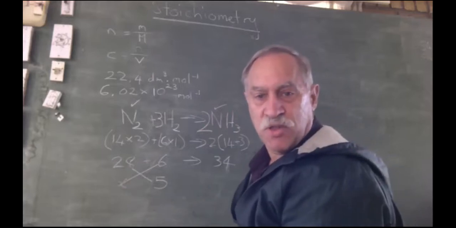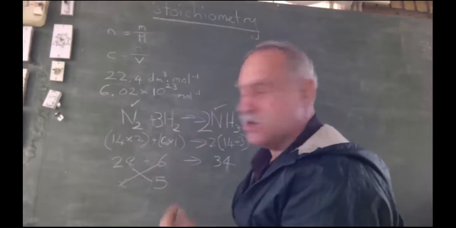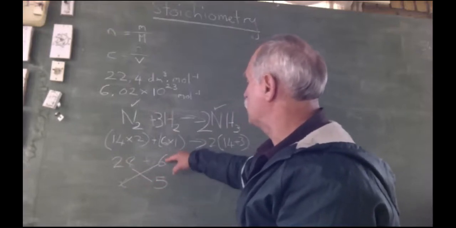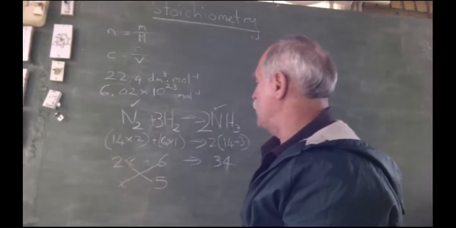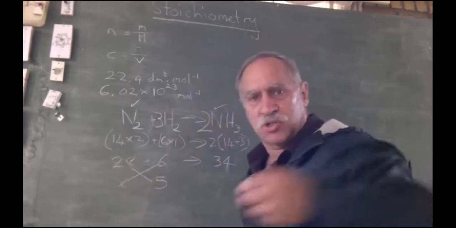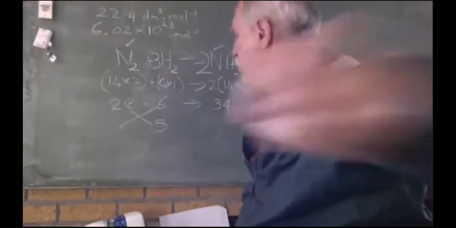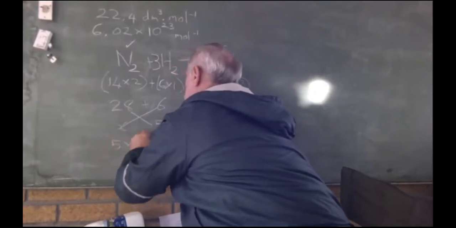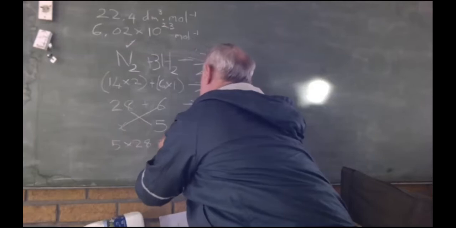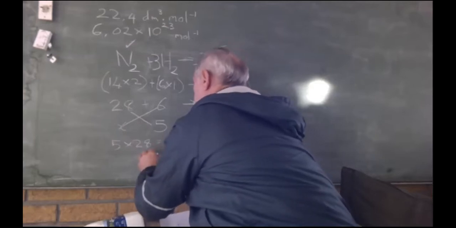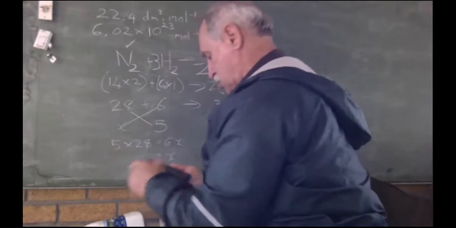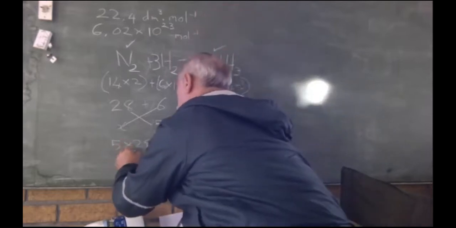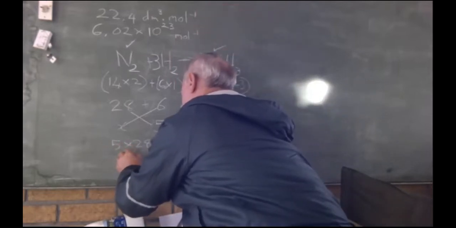Should we try and see if her method works? So far I found her method's great. If they give you 5 grams of that instead of 6, then that should be just less than 28. So let's try her method. Let's say 5 times 28 equals 6x. Therefore x equals 5 times 28, which is 140.